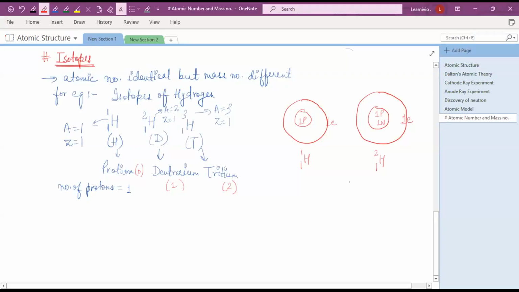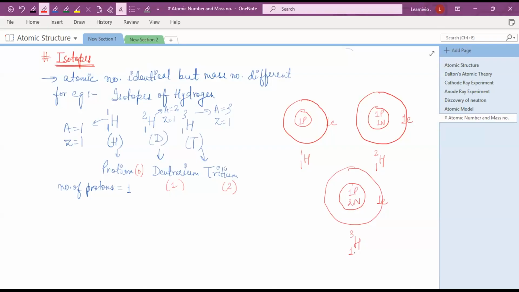And in the case of tritium, one electron is there, one proton is there, but two neutrons are there, right? Now, I hope it is clear what isotopes are, right?